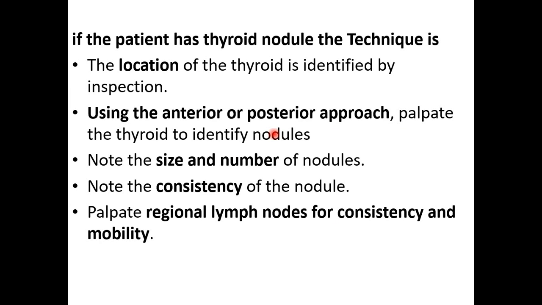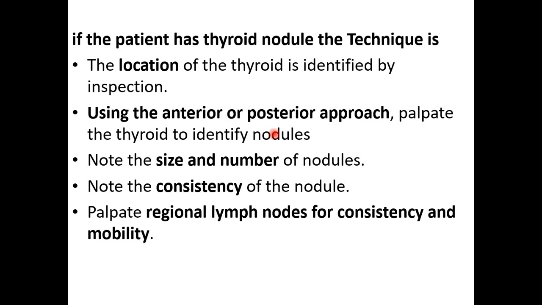If the patient has a thyroid nodule, you still have to locate the thyroid gland perfectly by inspection and by palpation. You have to palpate for the thyroid nodule. You have to mention the size and number of the nodules, and the consistency of the nodule.